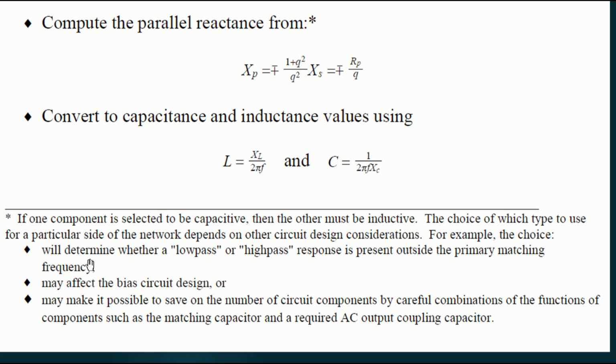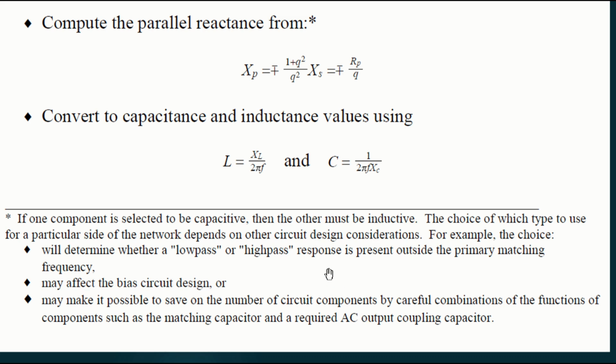Now remember, these matching networks only work well around one particular frequency, which is okay because we're doing radio frequency design, which is typically narrowband. The choice may also affect the bias circuit design, and it may make it possible to save on the number of components in your final circuit.